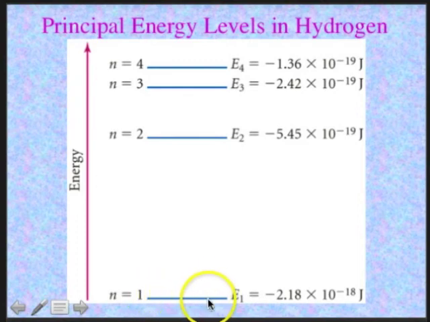N equals 1 is of the lowest energy. Again, it has a negative number, minus 2.18 times 10 to the minus 18, and there's a big energy gap to get to n equals 2, with an energy of minus 5.45 times 10 to the minus 19. Then a smaller gap to n equals 3, and a smaller gap still to n equals 4.